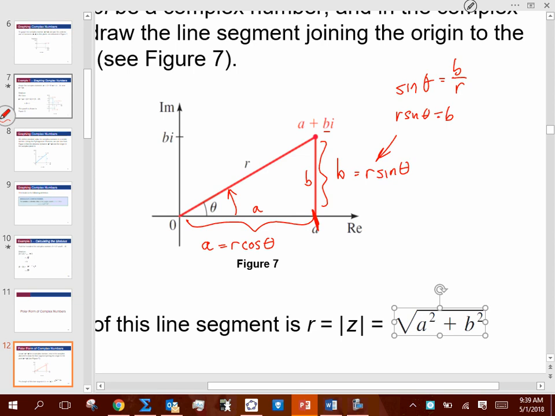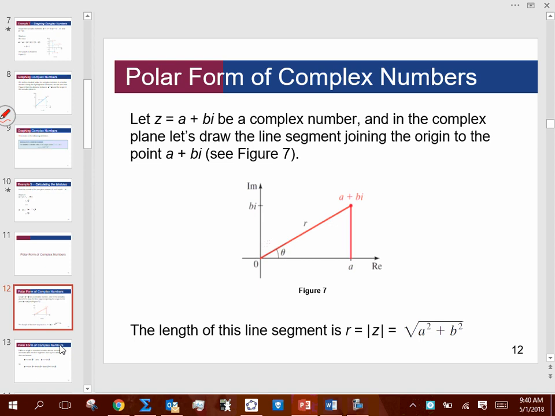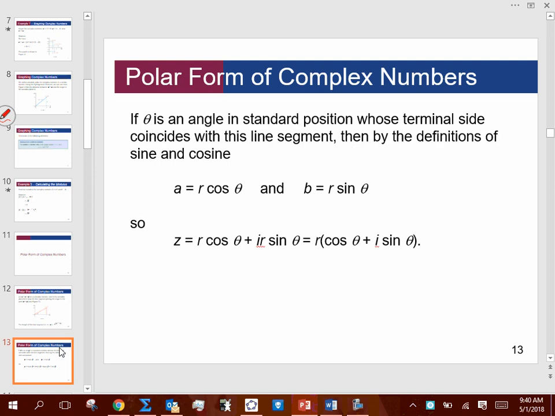All right, so that tells us that all the work that we have done so far with rectangular coordinates in the real coordinate system, all that work kind of parallels the work that we're going to do in a complex system.